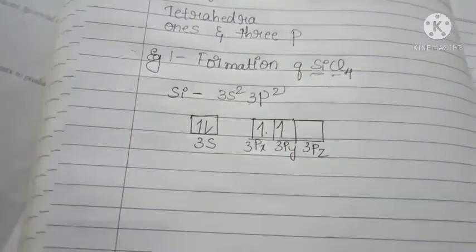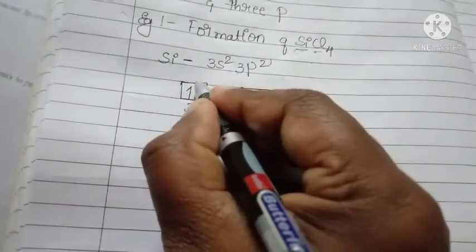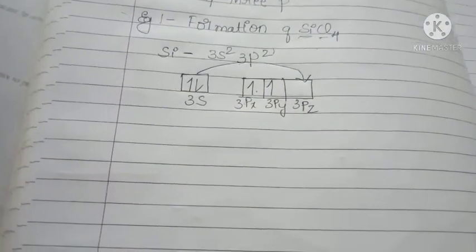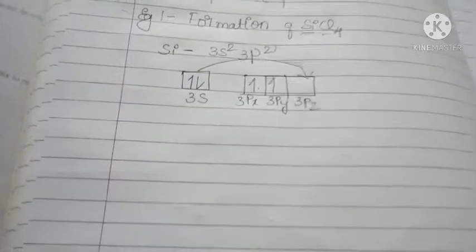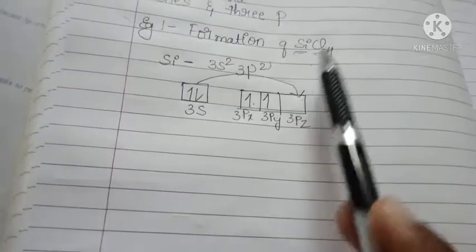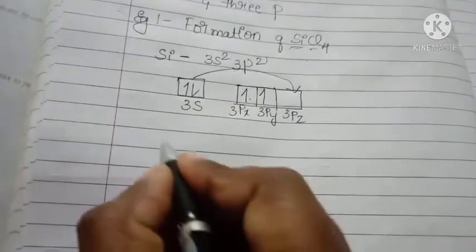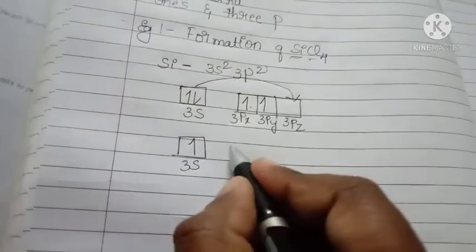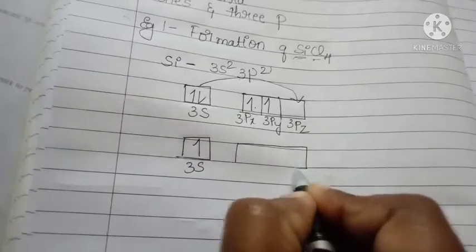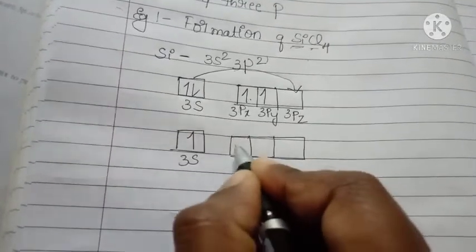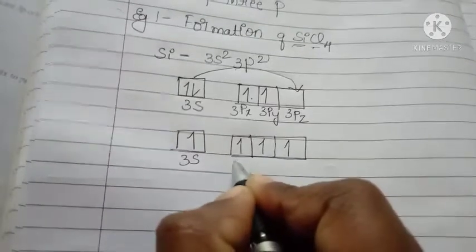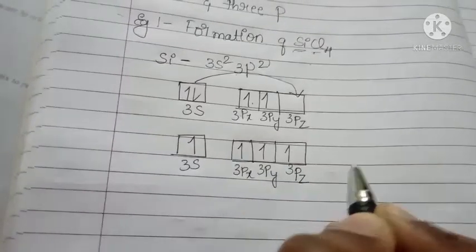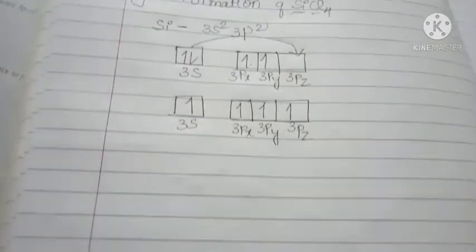In the excited state, 1 electron should be promoted to the other p orbital, because we need 4 unpaired electron orbitals to bond with 4 chlorine atoms. So one of the 3s orbital electrons is promoted to the p orbital, and we get 4 unpaired electron orbitals: 3px, 3py, 3pz.